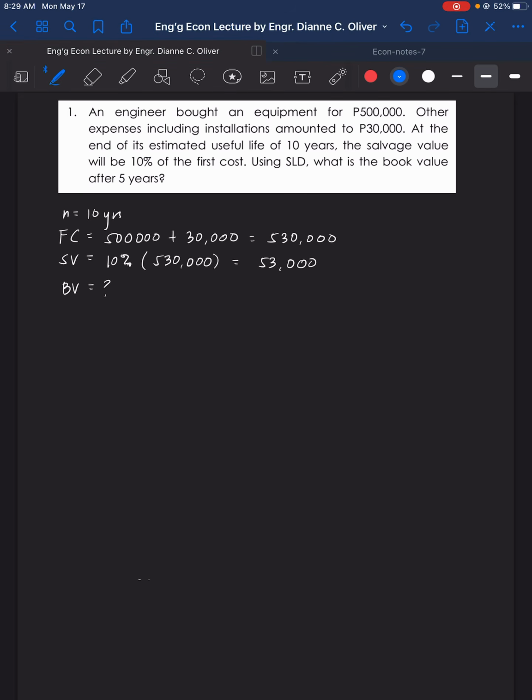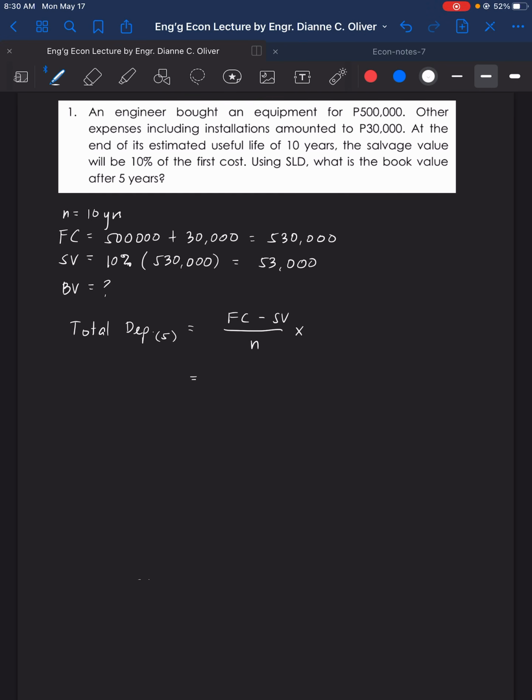So, the total depreciation in 5 years is equal to the first cost minus the salvage value divided by N, and then times the X here.